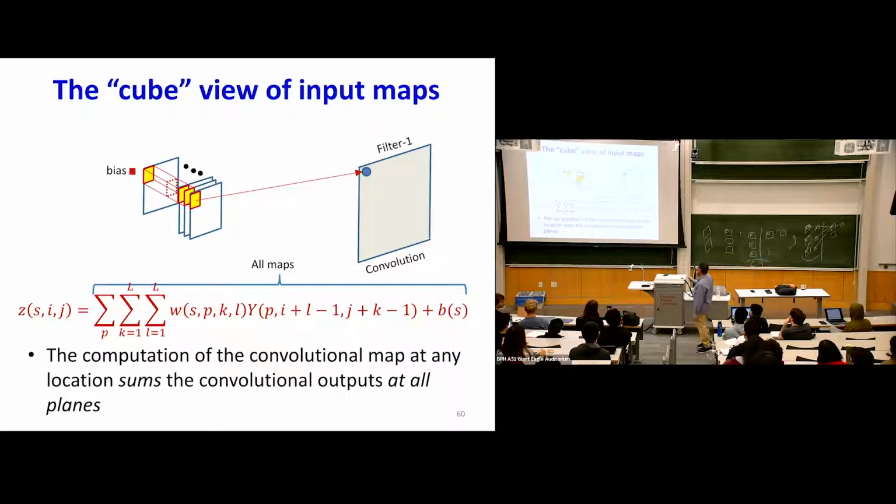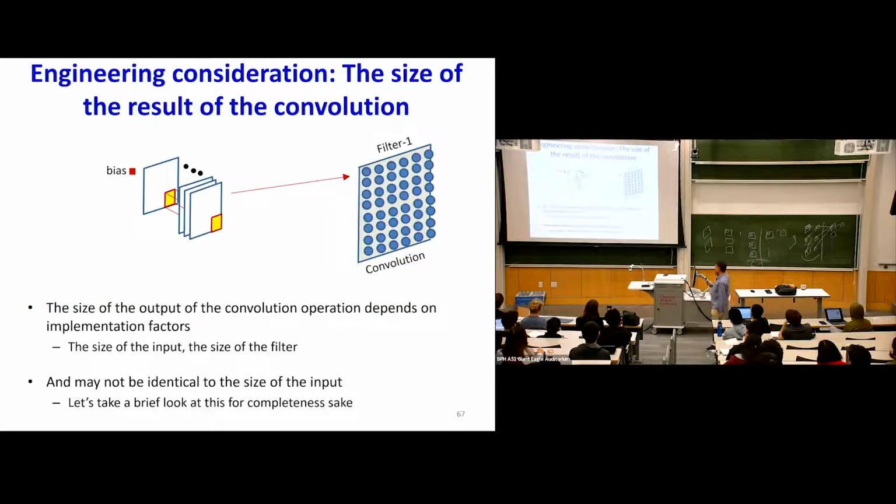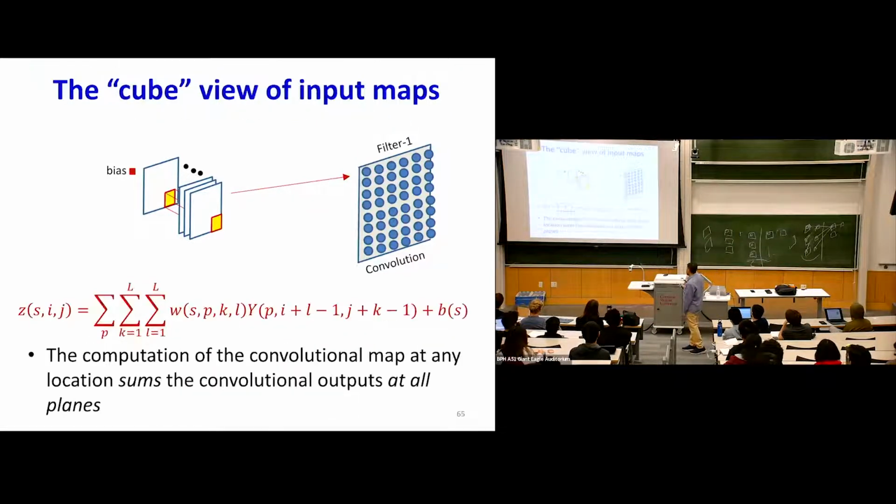And that's just going to give you one value over here, right? And then this whole entire filter is going to scan left to right to compute the output map. Now, for every output map, you would have one such cuboidal filter.